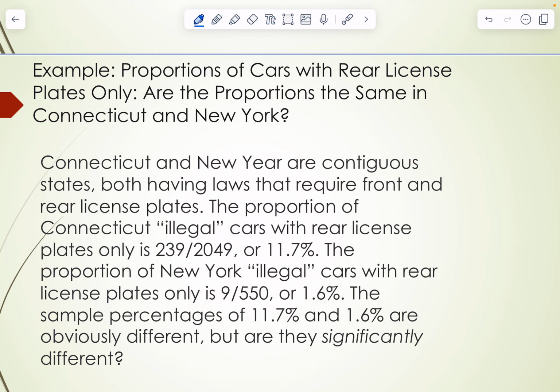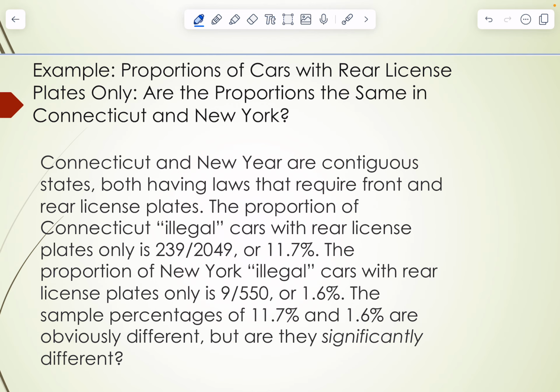The proportion of Connecticut legal cars with rear license plates only is 239 out of 2,049, or 11.7%. The proportion of New York illegal cars with rear license plates only is 9 in 500, so that's 1.6%.